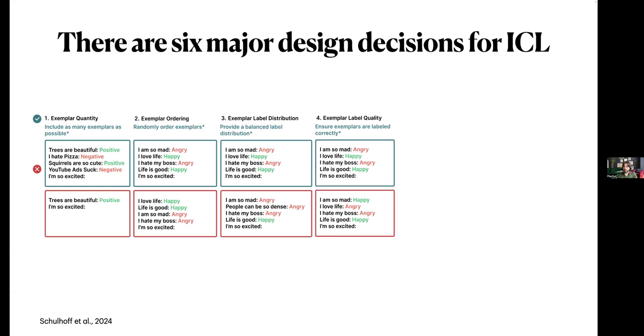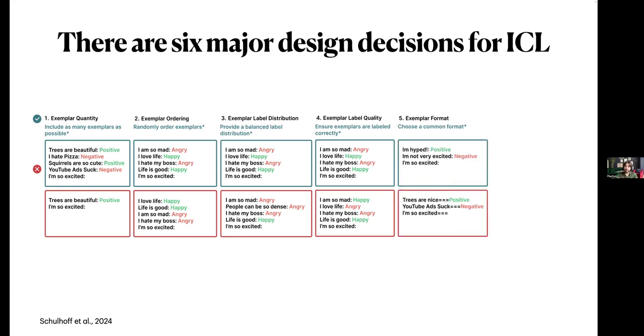Then, needless to say, you want to have good label quality. So you want to make sure that your labels are simply correct. Then you want to make sure that the format in which you are including these examples is as simple as possible. So you don't include very irregular, fancy tokens, fancy symbols.